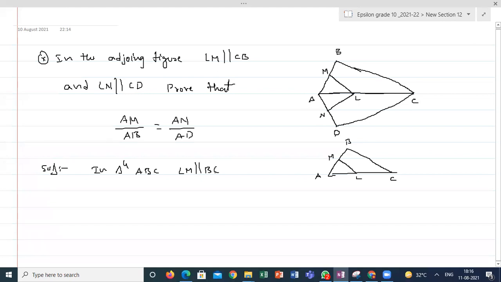So I can apply the corollary of the basic proportionality theorem. If I am applying the corollary of the basic proportionality theorem, AM by AB will be equal to AL by AC. The reason behind this is the first equation. I can write the reason is corollary of basic proportionality theorem.